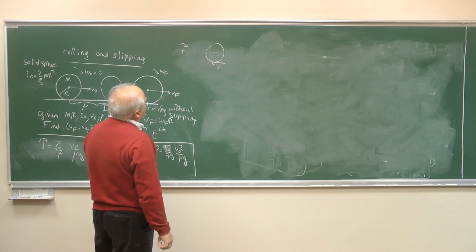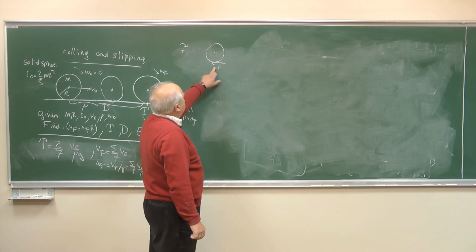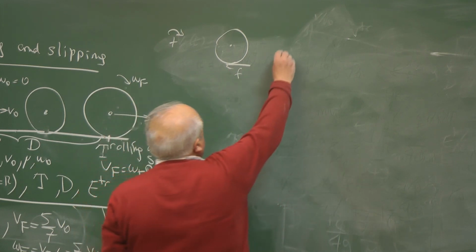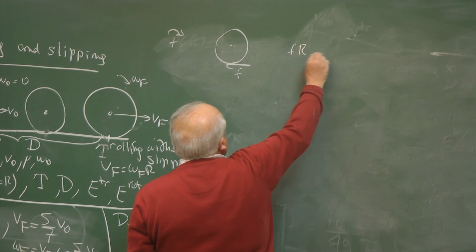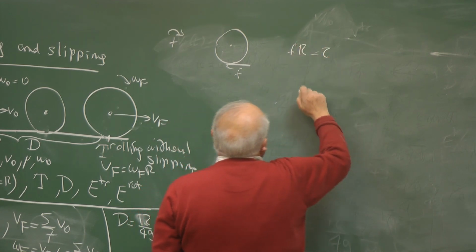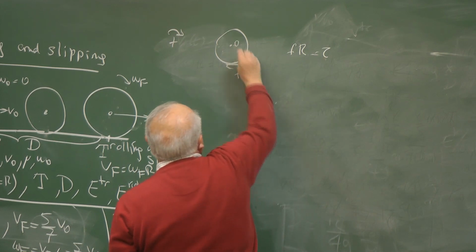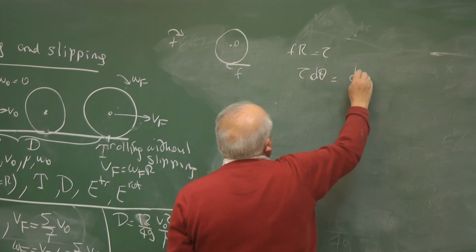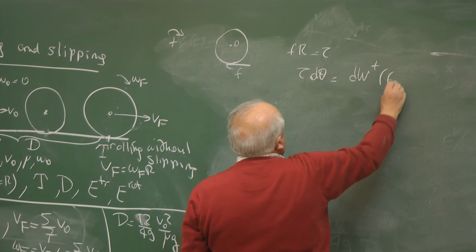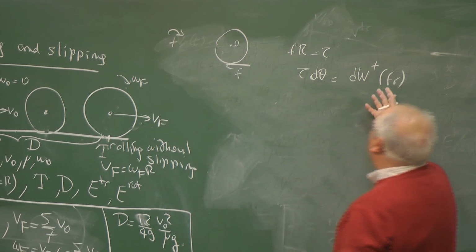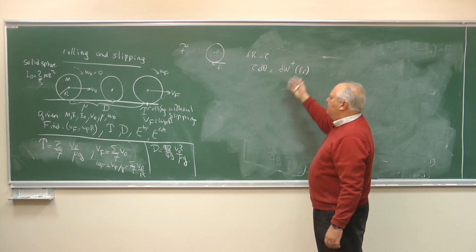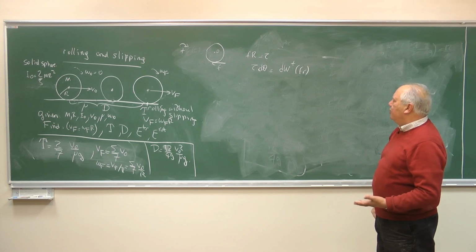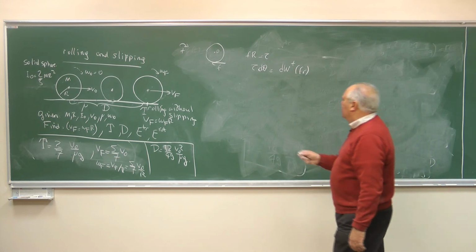Now initially it was not rotating, and friction is forcing this rotation. Fr is tau, namely the torque about the point O, and tau d theta is the elementary work done, which is positive by friction. So friction is doing negative work to reduce the translational motion, but it is doing positive work to increase the rotational motion.